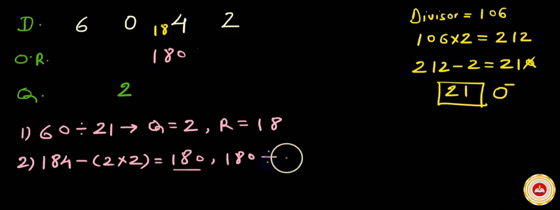180 divided by osculator 21, which gives us 21 8s are 168. Yes, quotient is 8. 21 8s are 168. 180 minus 168 is 12.